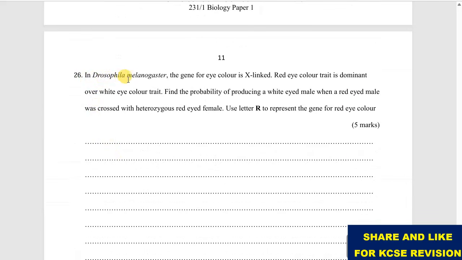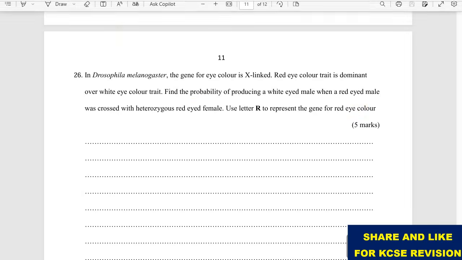In Drosophila melanogaster, the gene for eye color is X-linked. Red eye color trait is dominant over white eye color trait. Find the probability of producing a white eye male when a red eye male is crossed with a heterozygous red eye female. Use letter R to represent the gene for the red eye color.